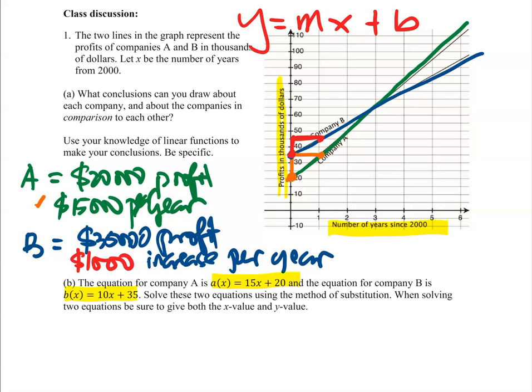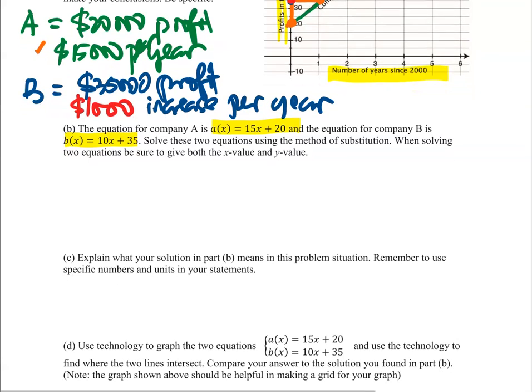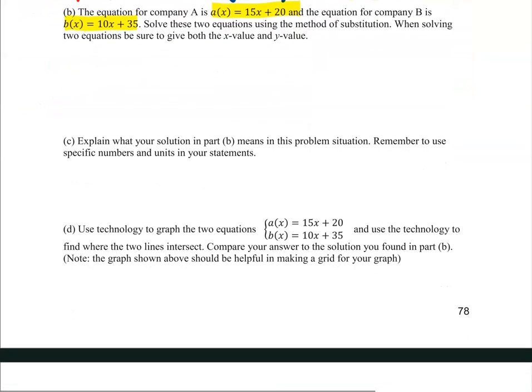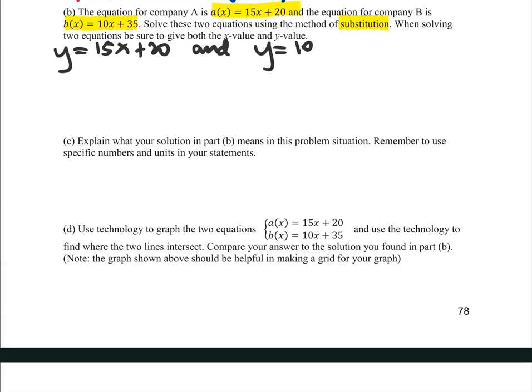Now we're going to solve these two equations using the method of substitution. So we can rewrite company A, y equals 15x plus 20, and company B, y equals 10x plus 35.